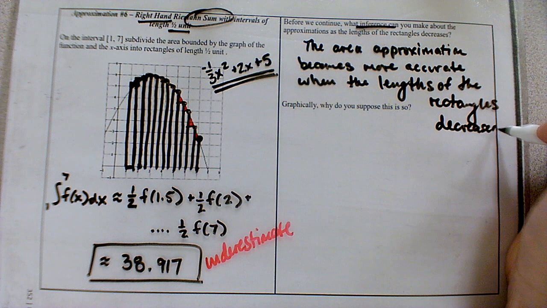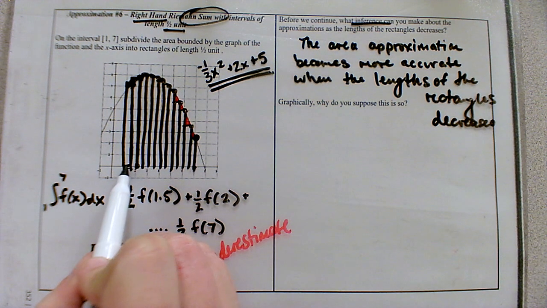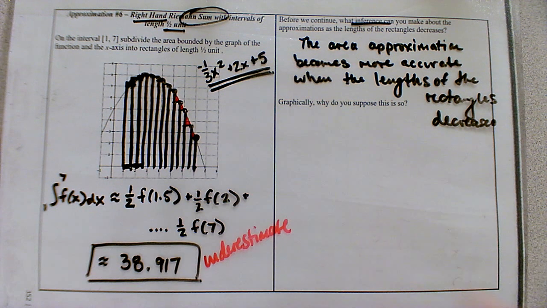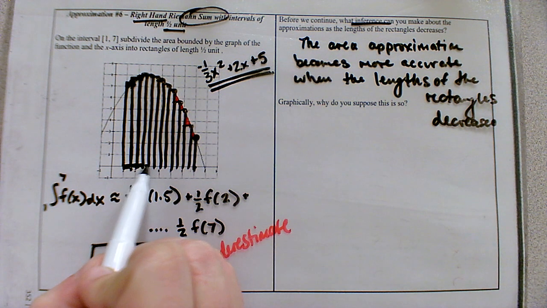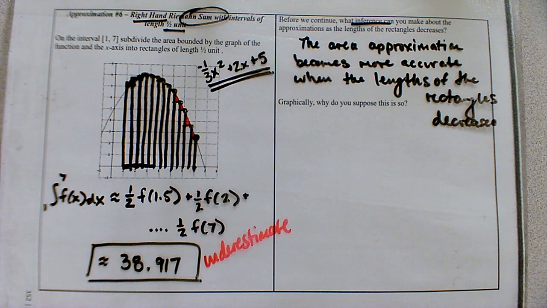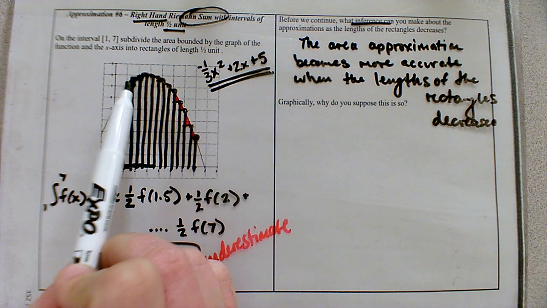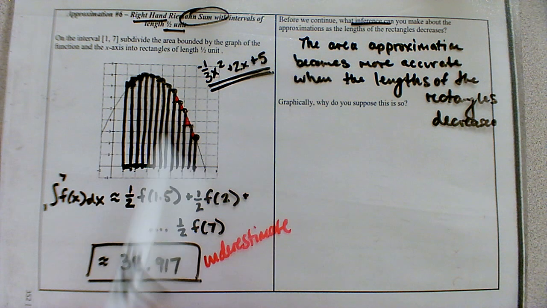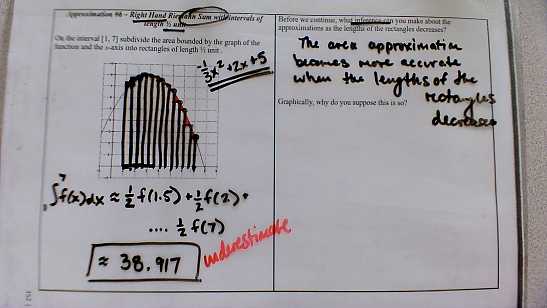Basically saying how the length of each one, or maybe the width on the bottom, depending on the wording you want to use, how the rectangles are getting thinner in size. Notice how we're getting more accurate because we have less over or under values there.